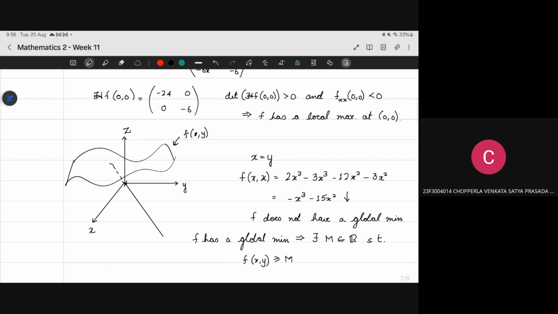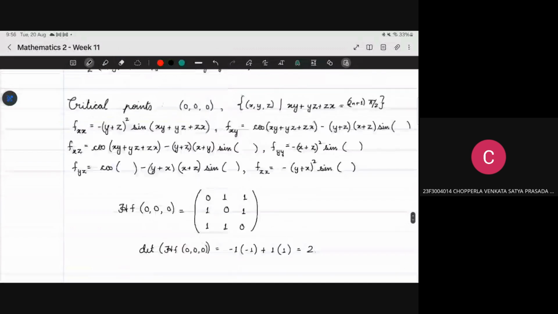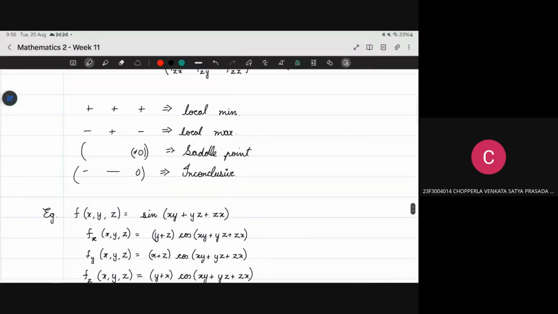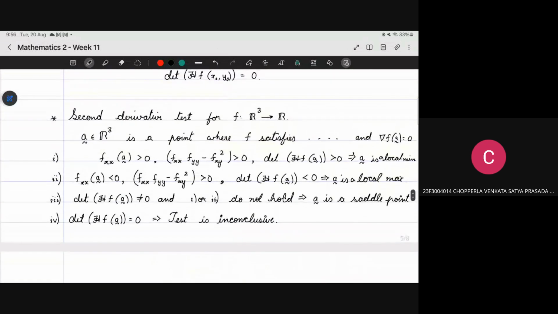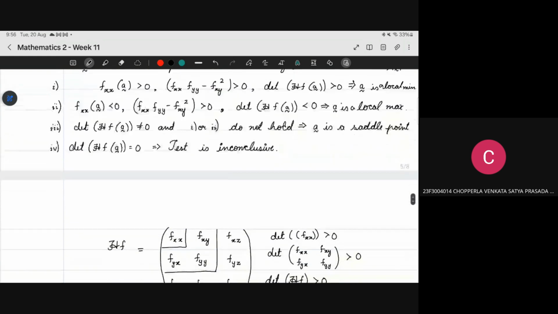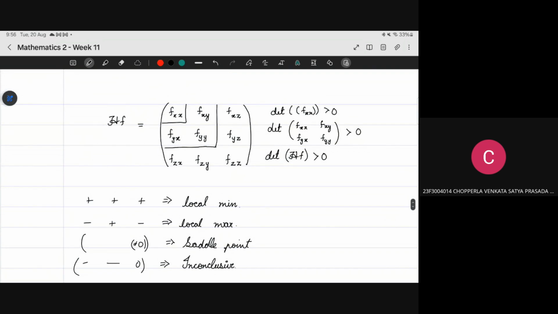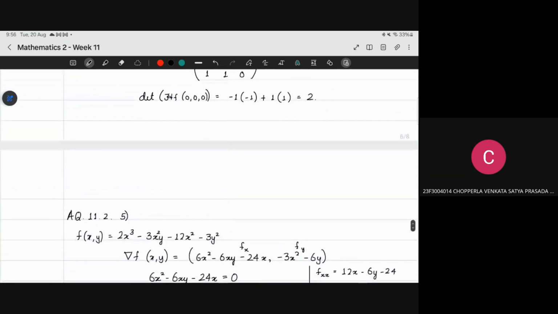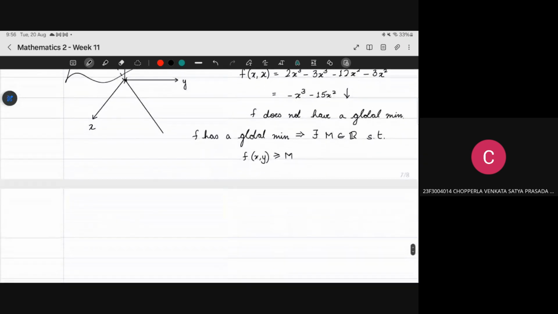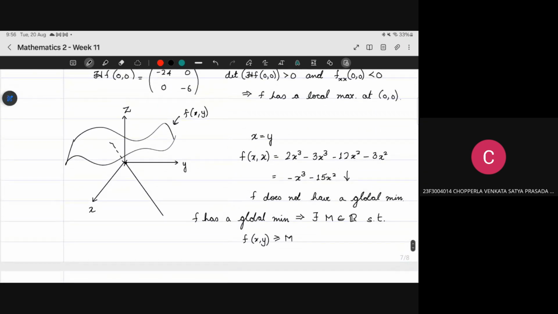Most of the times you'll be dealing with two variable functions itself. But for three variables also there is an algorithm. The increase in the number of variables does imply increase in complexity of computations, but the philosophy is quite similar, and the interpretation of these conditions is not something I can get into now because of lack of time. The only thing that remains in week 11 is differentiability of multivariable functions, which will be taken up in the next session.